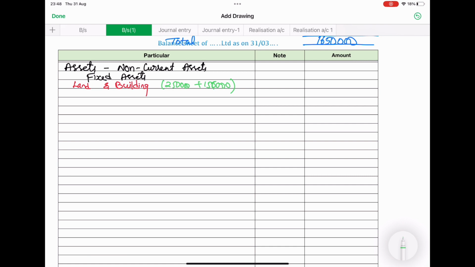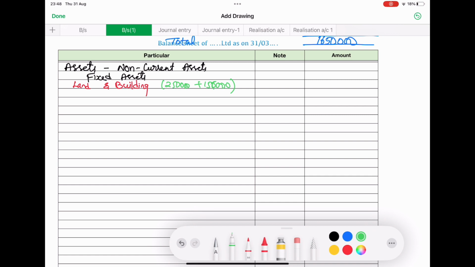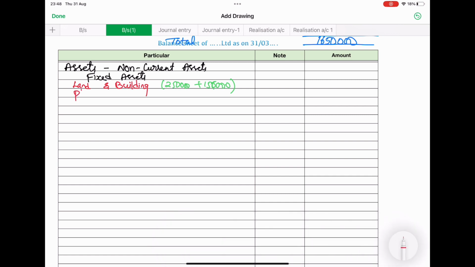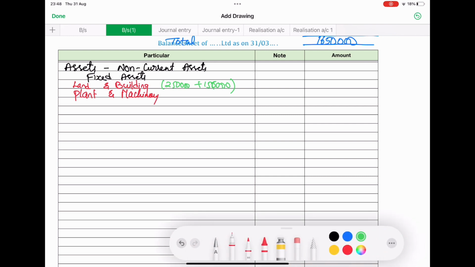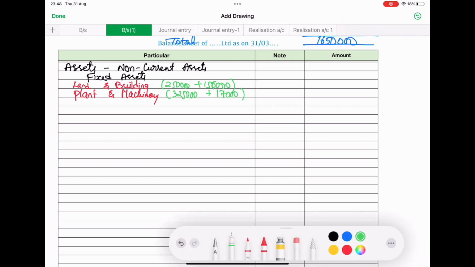I'll write all the assets and lastly I'll calculate. So land and building. Next we have plant and machinery, valued at 3,25,000 plus 1,70,000. Next we have furniture.